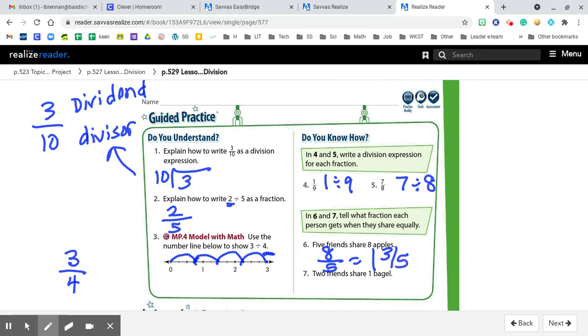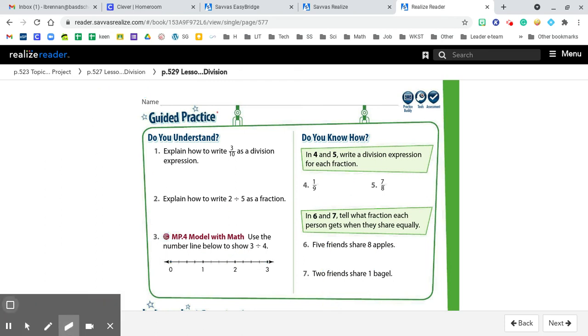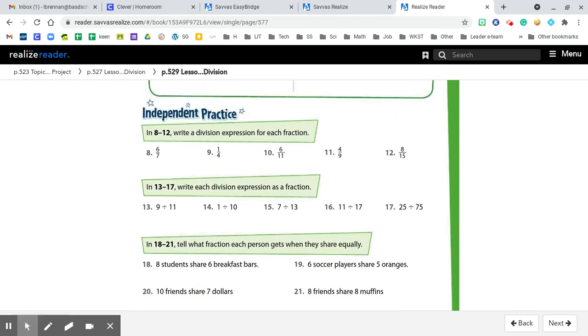2 friends are sharing 1 bagel. What do we have? Goes in the numerator. We have 1 bagel, and we're dividing it for 2 friends, so they each get 1/2 of a bagel. And as you move on, write a division expression for each fraction.